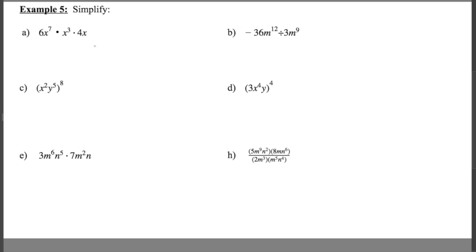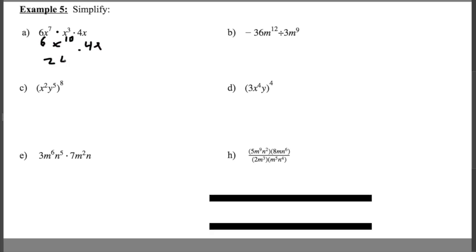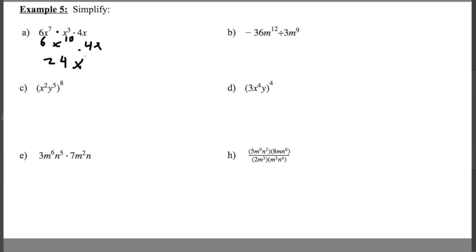So 6x to the power 7, multiply, we're going to apply the multiplication rule when we're adding the exponents. So this will be 6x to 10, and then we're going to multiply by 4x. So same idea, be 24, and x to the power of 11.